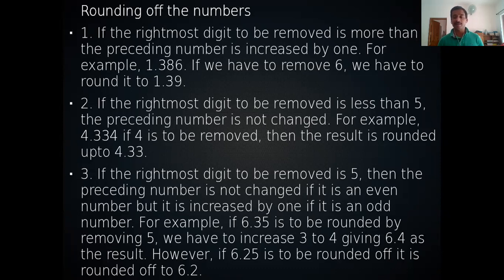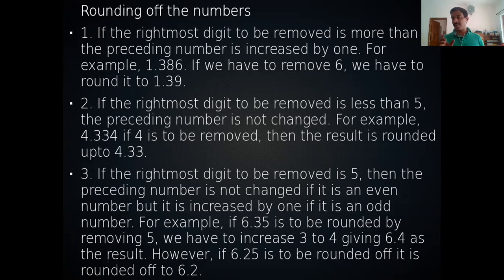Now the third one. What is the third case? If it is exactly 5, the rightmost digit is 5, and you want to remove this rightmost 5, what are the rules? If the rightmost digit to be removed is 5, then the preceding number is not changed if it is an even number.